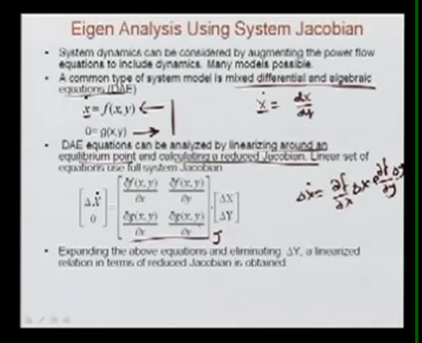Expanding this equation and eliminating the change in y, which is 0 here, we get a linearized relation in terms of the reduced Jacobian.